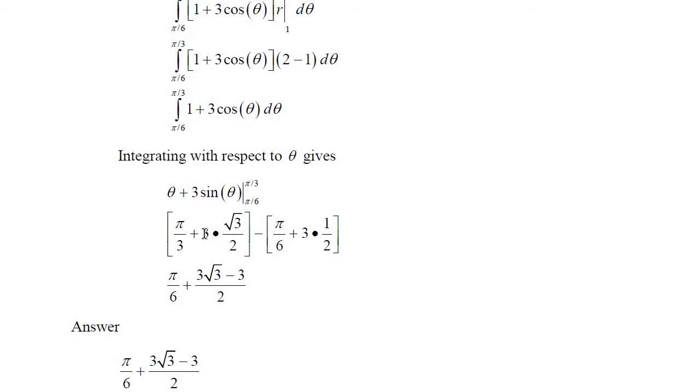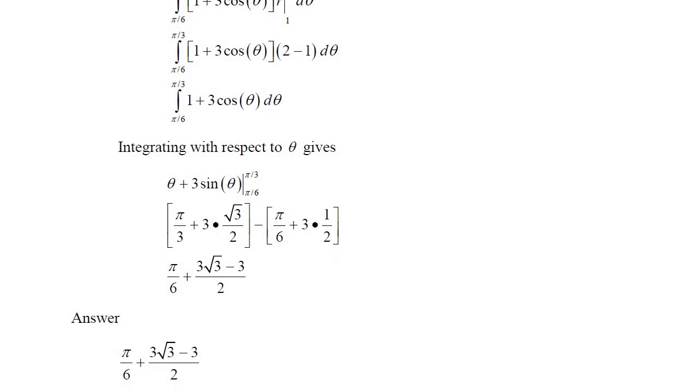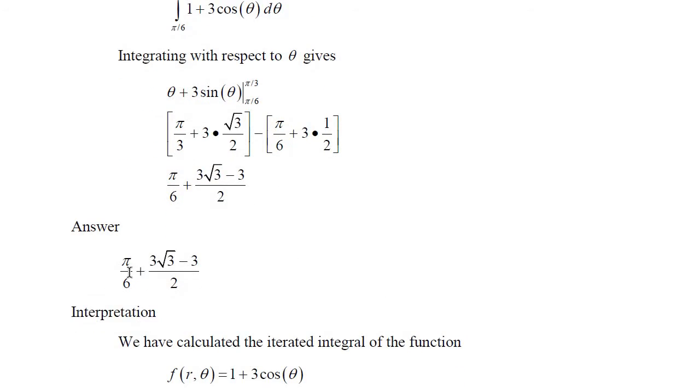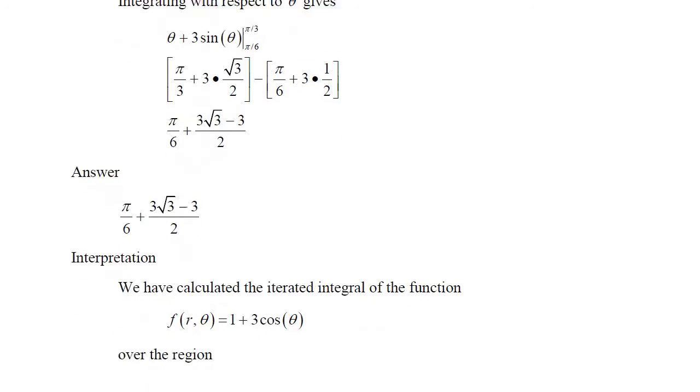And then I have 3 square root of 3 minus 3, all over 2. So the result of that integral is pi over 6 plus 3 times the square root of 3 minus 3, all over 2.